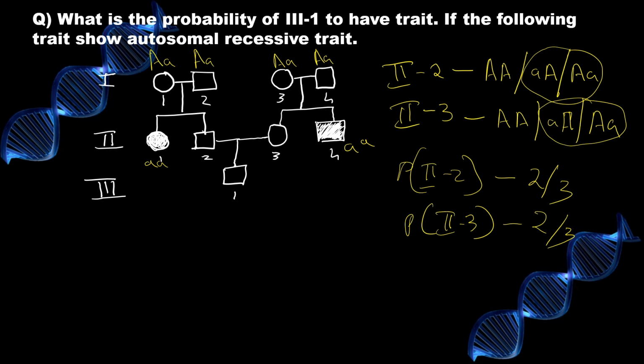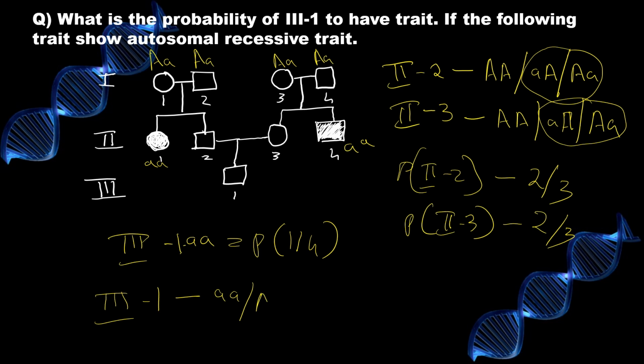Now, what is the probability of getting the third generation first one with the small a small a condition? The probability is 1/4. How does it become 1/4? Because for the third generation first one, there are four basic possibilities: small a small a, capital A small a, small a capital A, and capital A capital A. So it is 1 by 4.